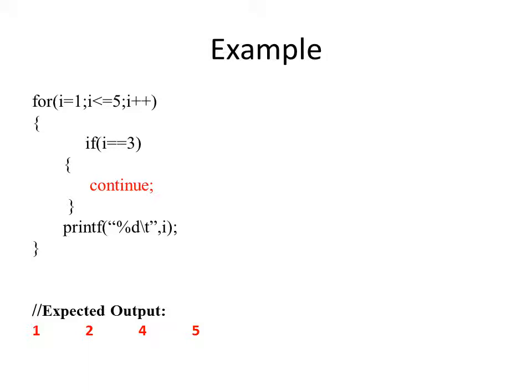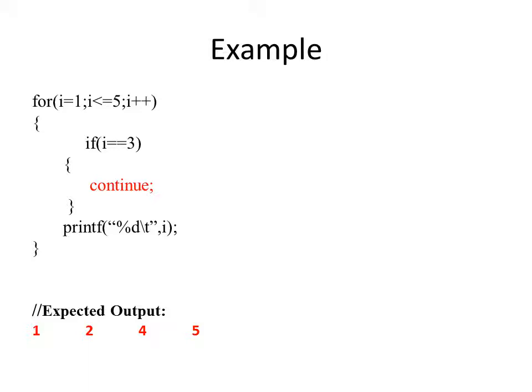Now within that loop I have used one condition, that is if i is equal to 3. If this condition is true, the continue statement is going to be executed, and hence I have used a pair of curly brackets. That means when the if condition is true, the control transfers within this pair of curly brackets, and within that the continue statement is executed.